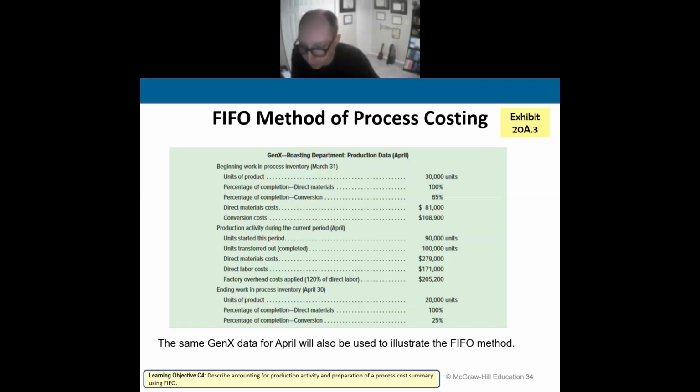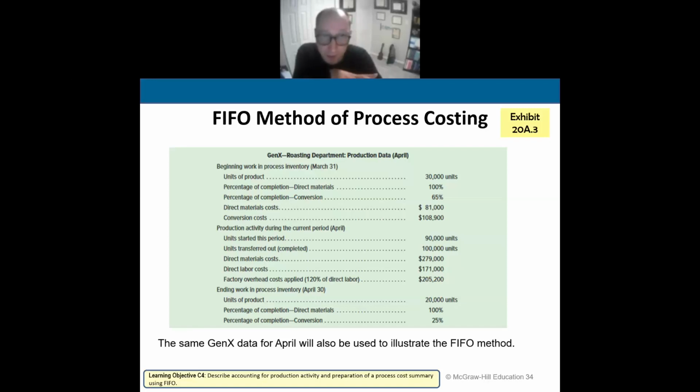A lot of grocery stores use that method because they're perishable products for the most part. So using the first in, first out method, we can allocate partially completed units or equivalent units of production very similarly to the way we did with weighted average. Of course, the difference here is going to be the allocations for the conversions.